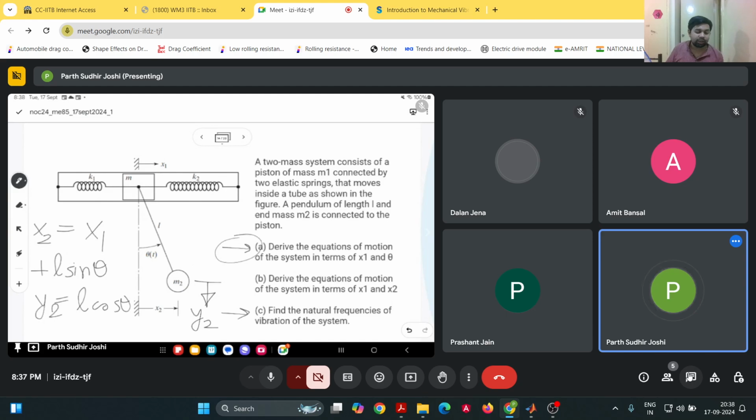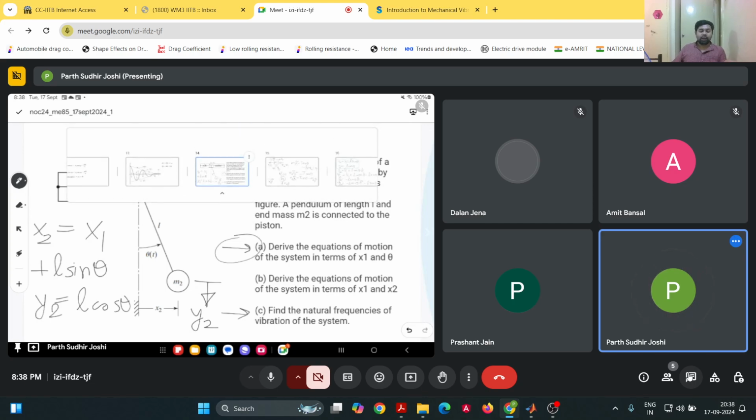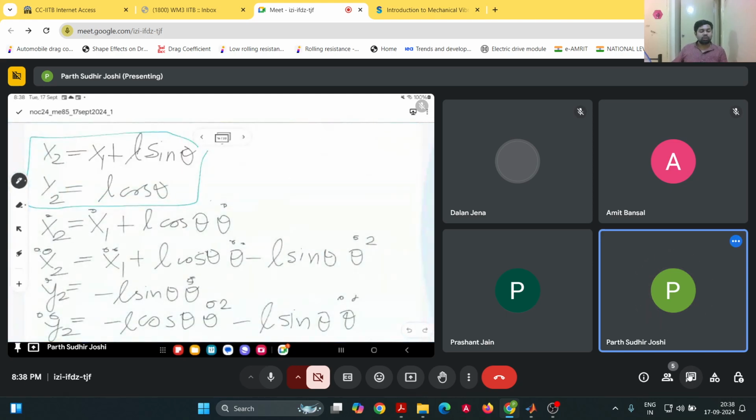When the pivot point of the pendulum is fixed, you can conveniently choose the pivot point as the point about which to take the moment. So for a pendulum we can derive the equations of motion by taking moments about the pivot point, and that can be one way of deriving the equations of motion.